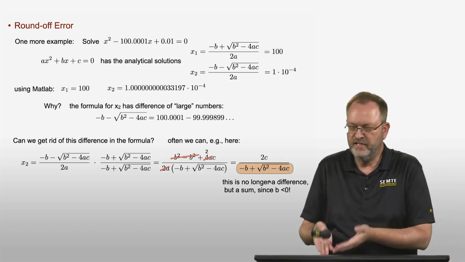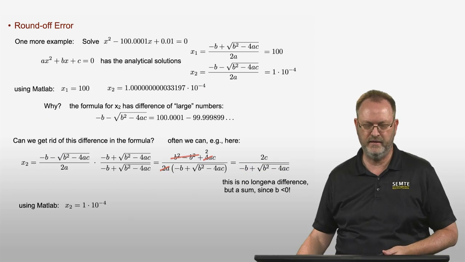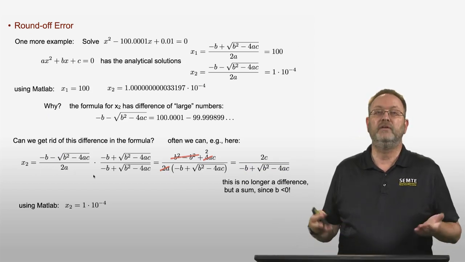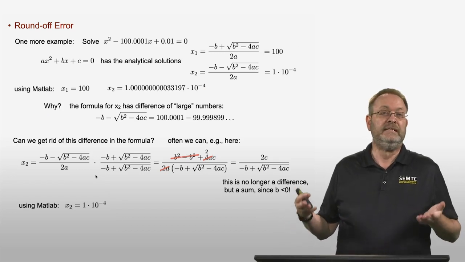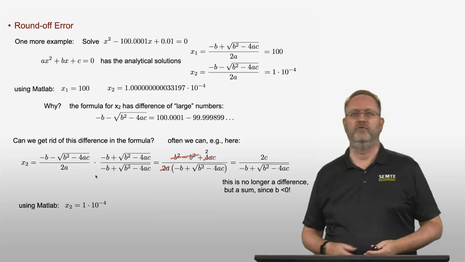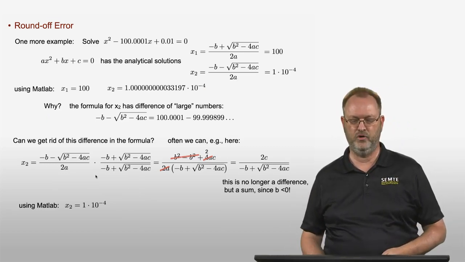And if you now use this formula and code it up instead of the original formula that we used to start and calculate the first result, you'll get that MATLAB tells you that x2, the second solution, is actually now 10 to the negative 4. So it has not this round-off error in it anymore.